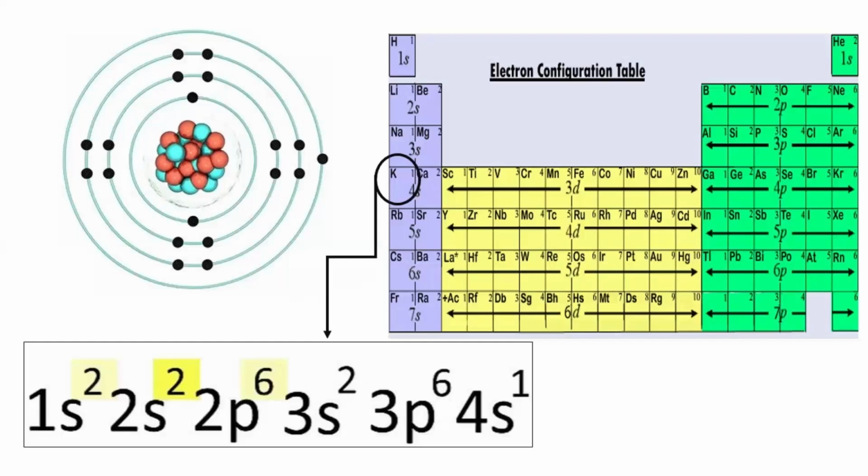So that's why potassium's configuration stops at 3p6 for the third energy level, with only 8 electrons shown in the Lewis structure. This pattern reflects the atom's most stable and lowest energy arrangement.